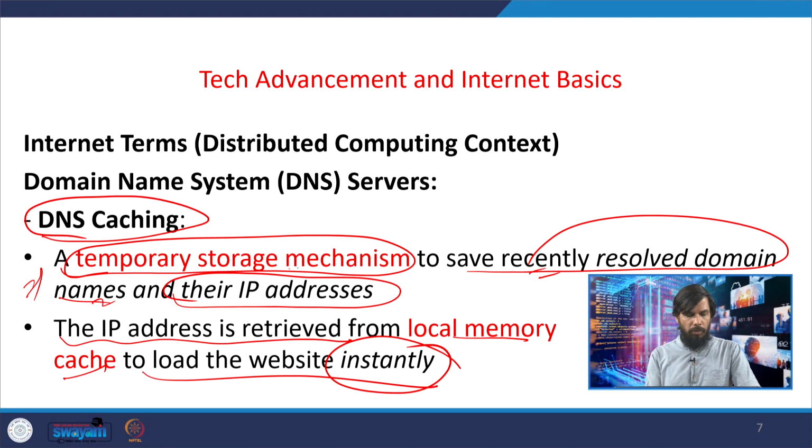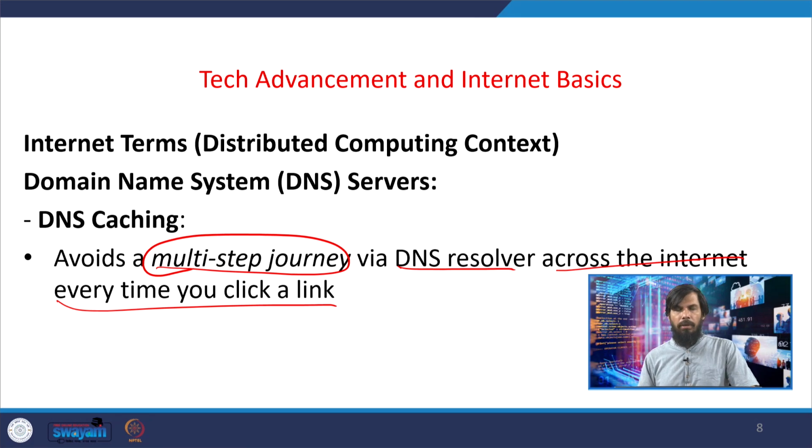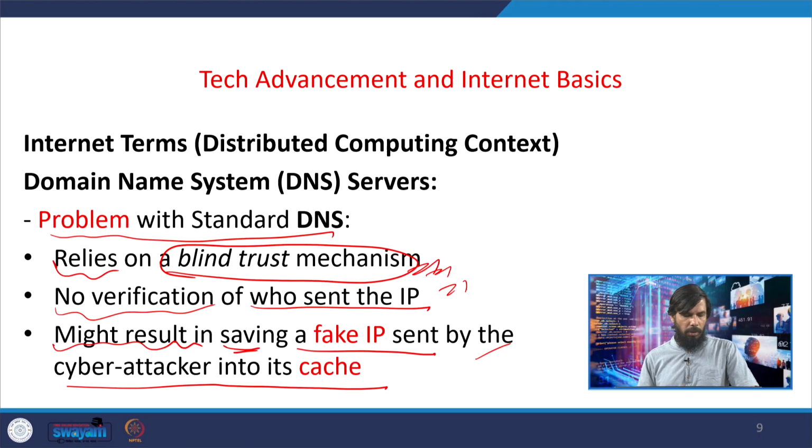So, we talked about the temporary storage mechanism. Some cyber attacker can monitor the network and manipulate the response that the DNS resolver might get from different name servers, and therefore, that fake IP address will get stored in the DNS cache. Any new client, any new end user who is looking to access the website again might get redirected to the malicious website designed by the cyber attacker, and therefore, all kinds of data and information stealing can happen.